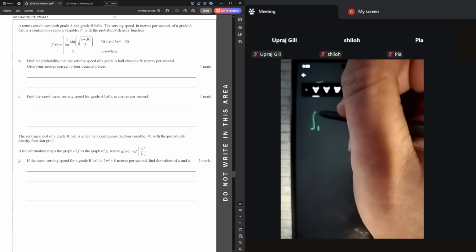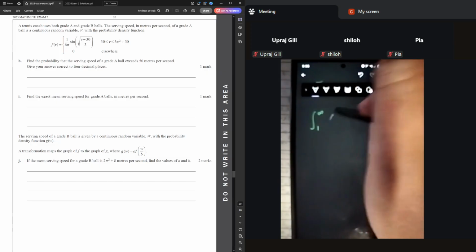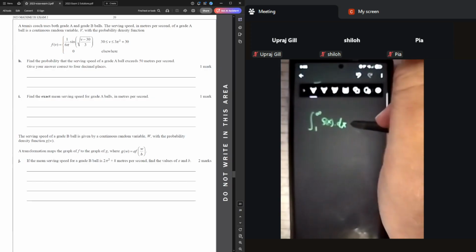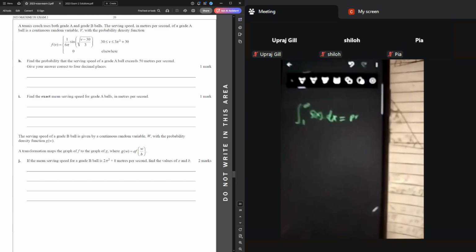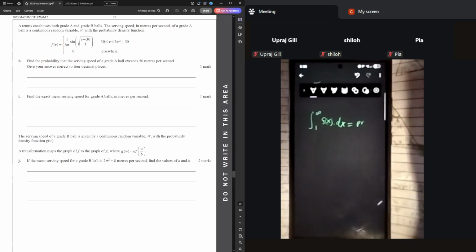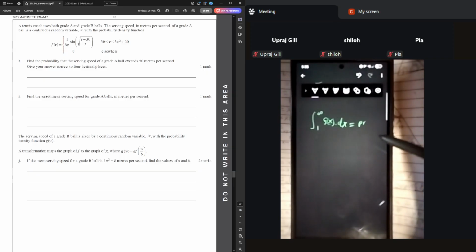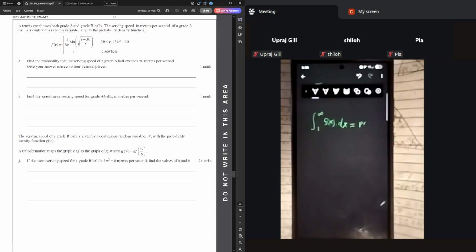We would have 1 as a lower bound, infinity as an upper bound, and then whatever f of x is in the integral, and then that will equal your probability, whatever target probability you're looking for. That's if you're calculating probabilities, which is what we're doing here. So with that in mind, there's only a few things that need to change there. What needs to change?